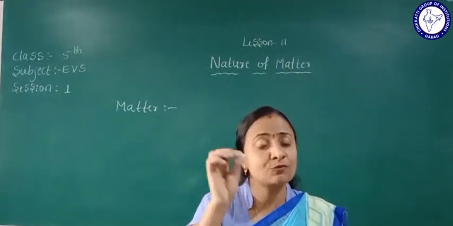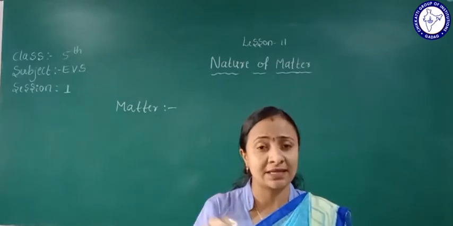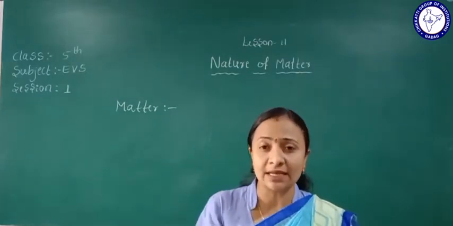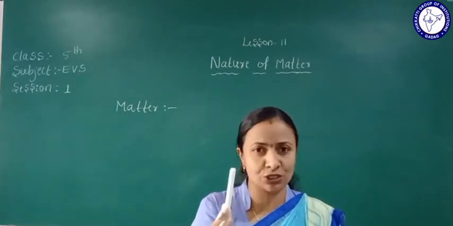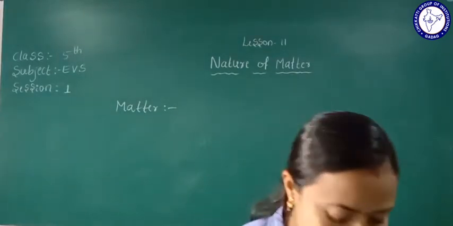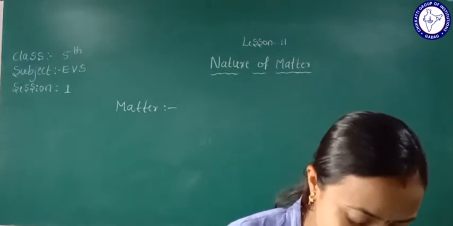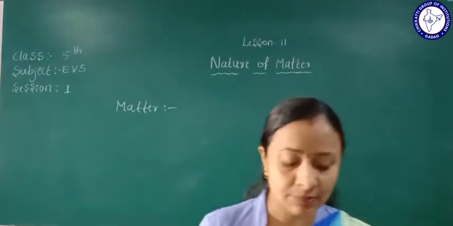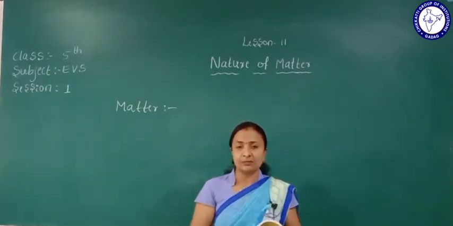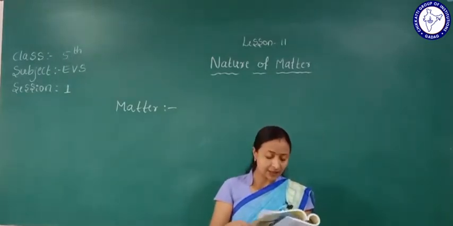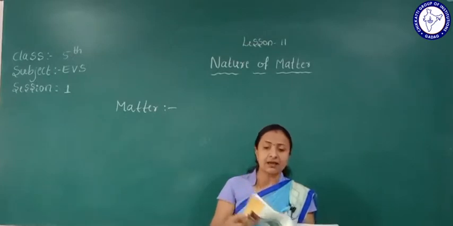The pieces of chalk powder we call particles, and all the particles together we call matter. So it becomes one complete chalk. This is the example. So matter means something made up of small particles.